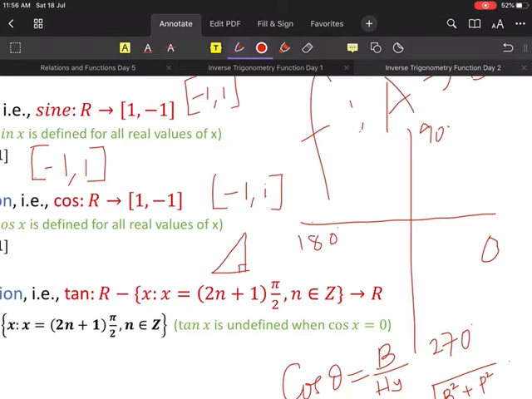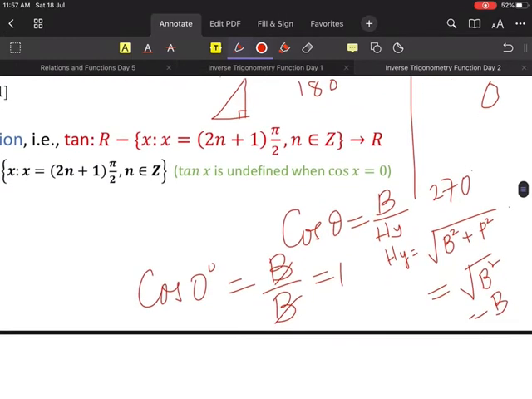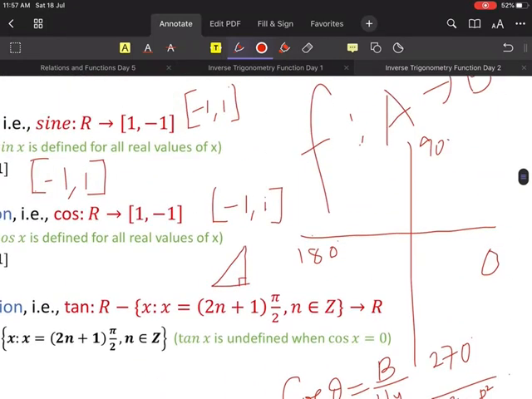Here there is a base, no perpendicular. Here there is a perpendicular line, there is no base. Understood? If you think of a triangle, if there is no base, base is 0, yes or no? And if base is 0, base by hypotenuse becomes 0. So cos 90 is 0. Am I clear? Understood?